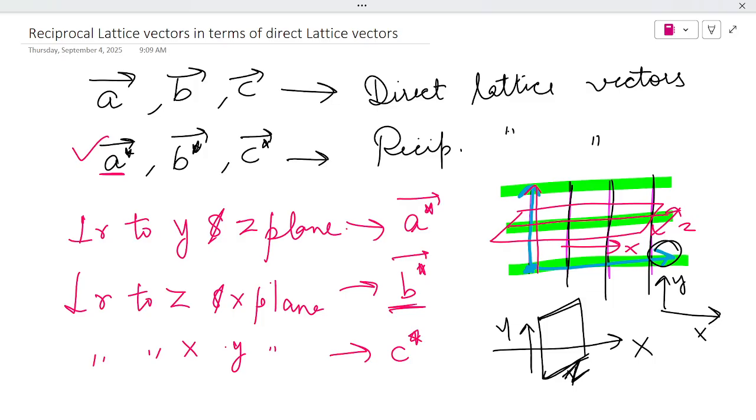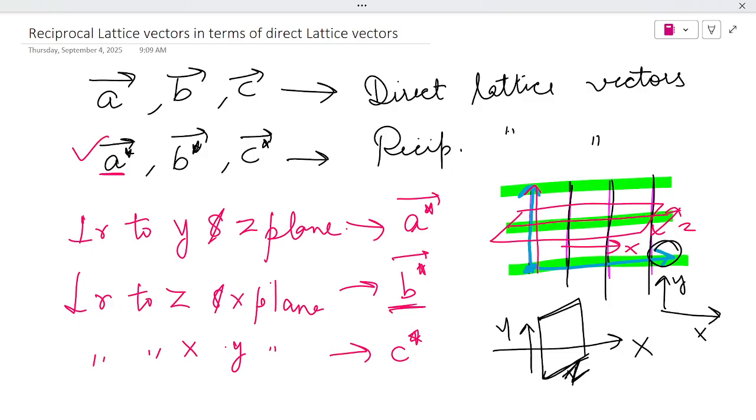So going to the dot and cross product, we know that if a vector is perpendicular to some plane, then we can write that vector as the cross product of the directions of that plane.